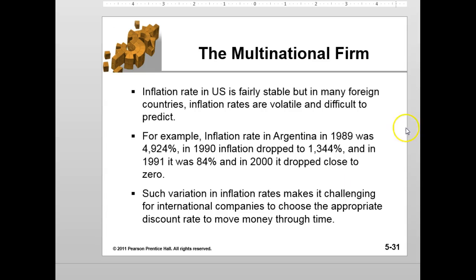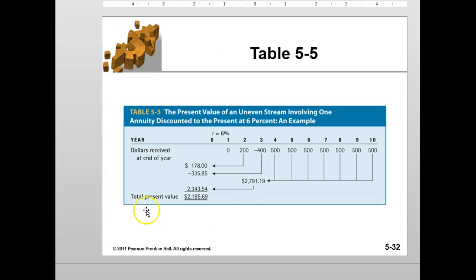Keep that in mind. Here's an example of an uneven stream. And what you'll end up doing is doing them individually, wherever that uneven is. And then where it evens out, you can start using some of your present value formulas to pull it back. Just an example of that.